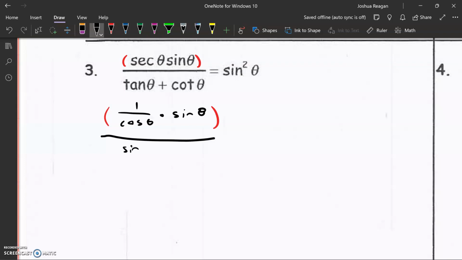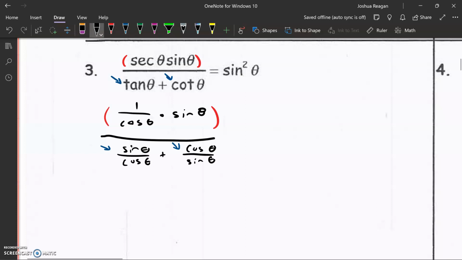That's sine theta over cosine theta plus cosine theta over sine theta. So what I did there is I wrote that tangent in terms of sine and cosine, and I wrote that cotangent in terms of sine and cosine as well.